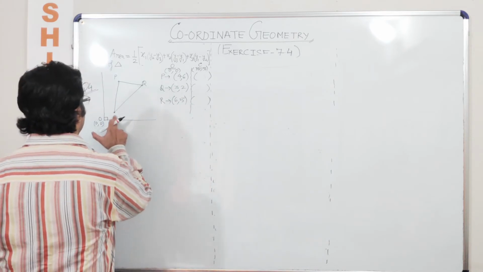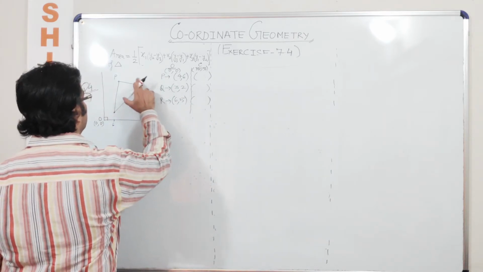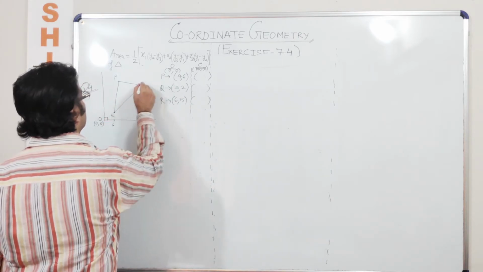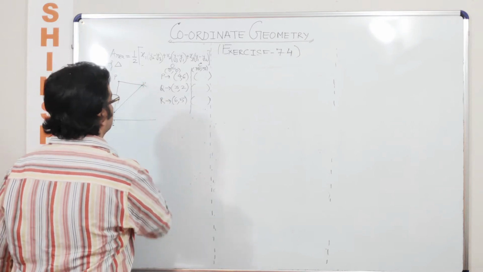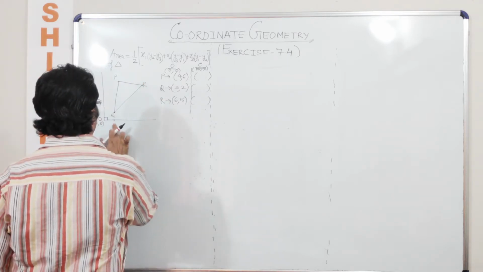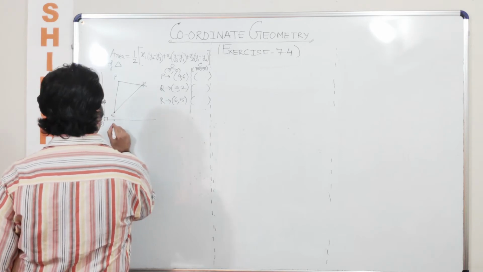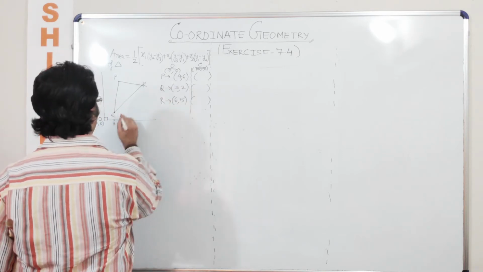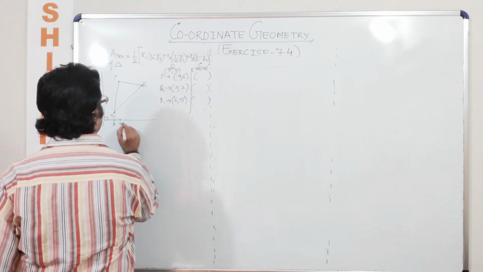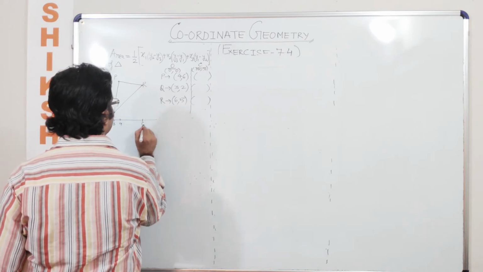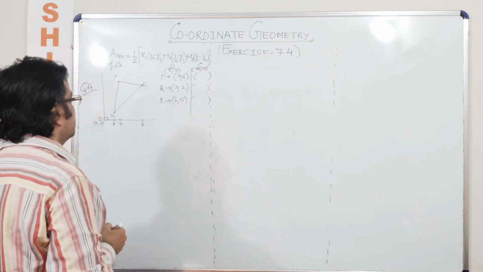Yeah, so this is PQR. Now Q, let's say, is 3. P here is 4. And R here is 6. So we are talking about PQR.